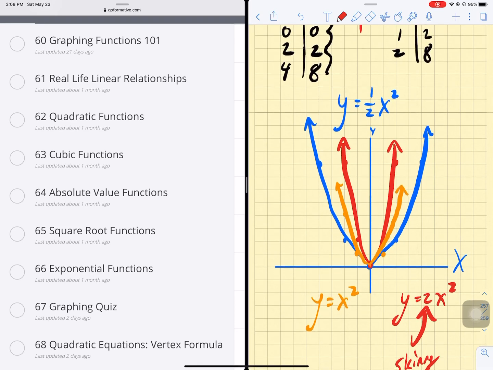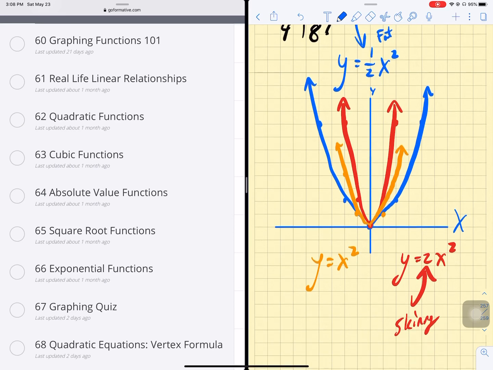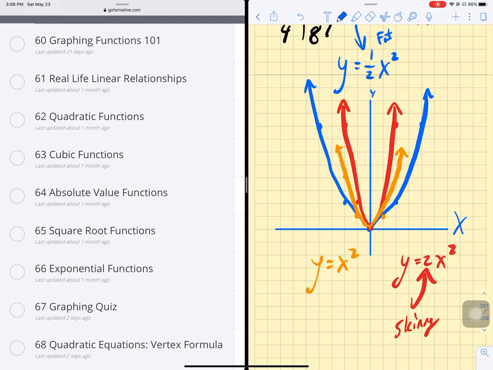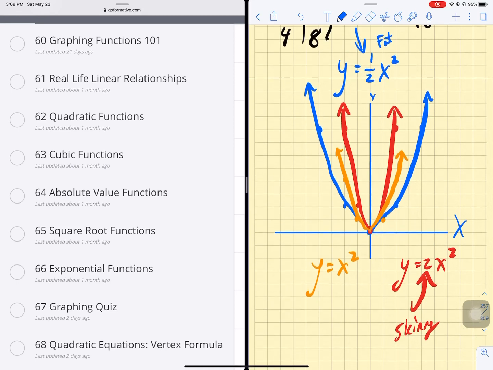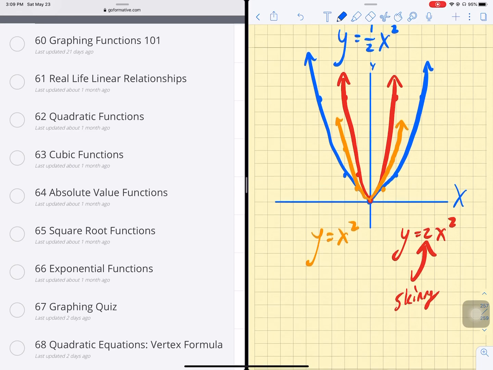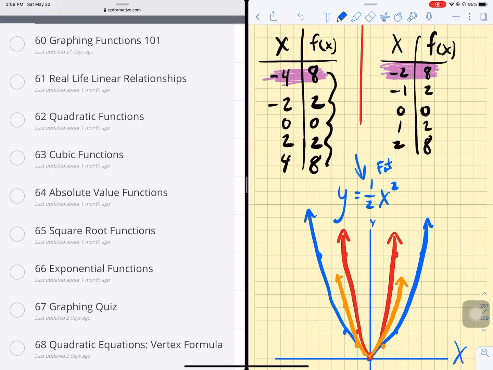But if it's smaller than 1, like this blue one was, it's 1/2, then it's fatter. Fat and skinny parabolas, wider, smaller. So you can imagine if it says 3x squared, it's going to be even skinnier. And if it says 1/4 x squared, it's going to be even fatter. So keep that in mind.